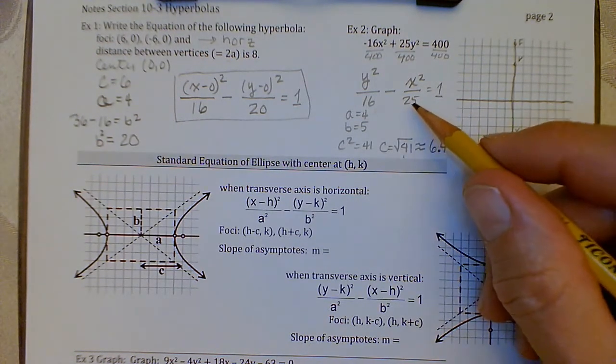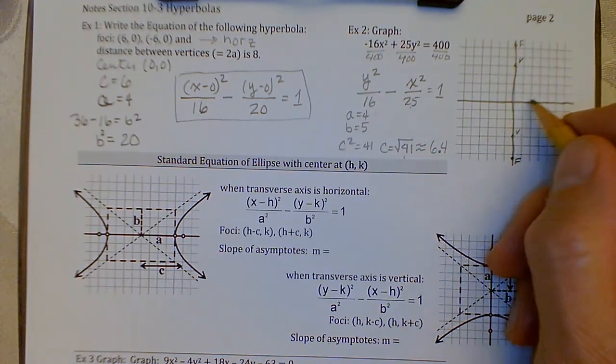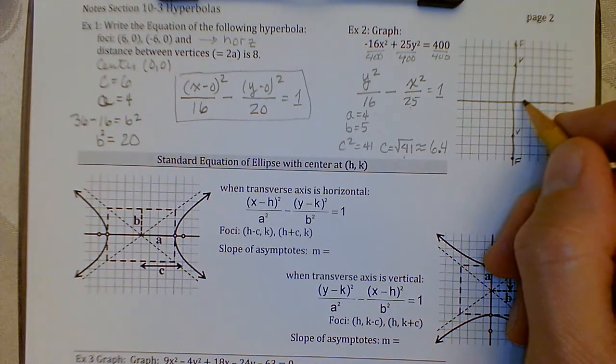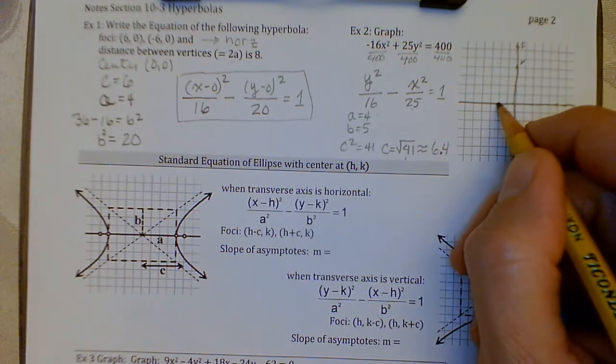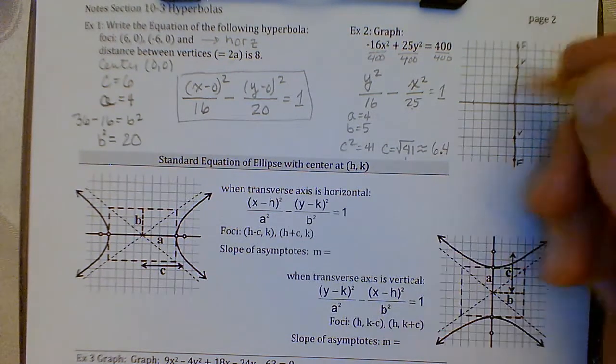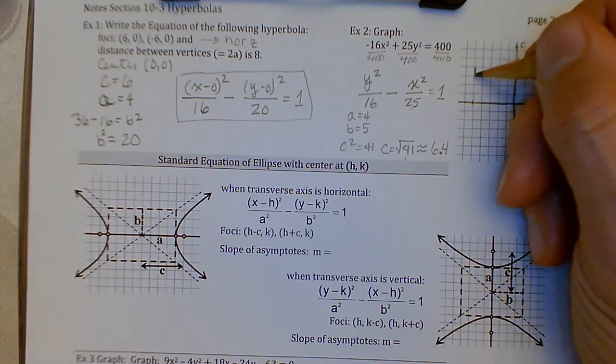All right, then we look at our B and we go over 5, 1, 2, 3, 4, 5, and 1, 2, 3, 4, 5. There's nothing really there, but we're going to use that to create our box.